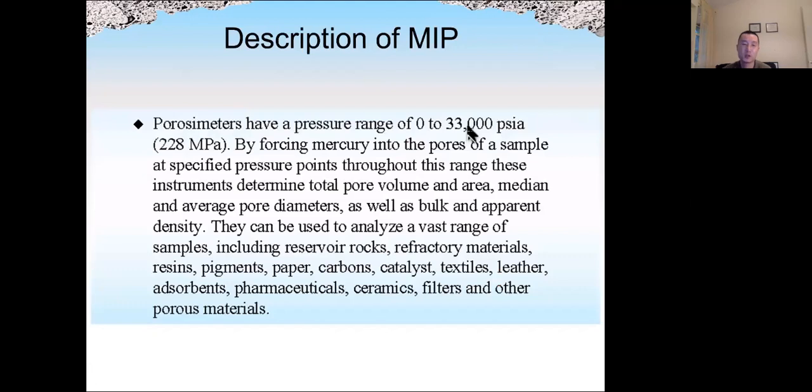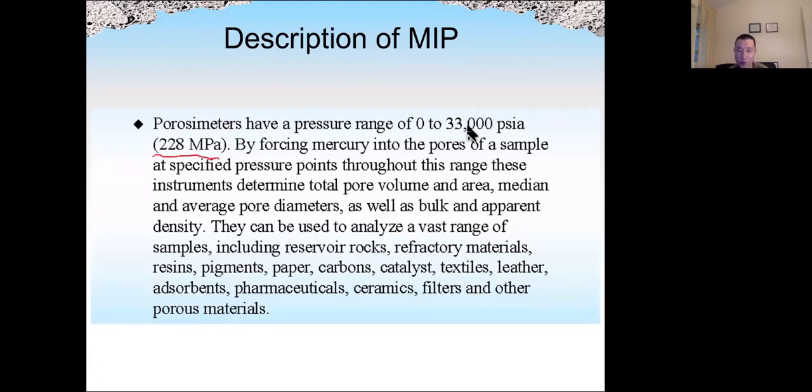In porosimetry, we apply a slowly increasing pressure. We force the mercury into the sample. The pressure ranges from 0 to 33,000 psi, or around 230 megapascals.